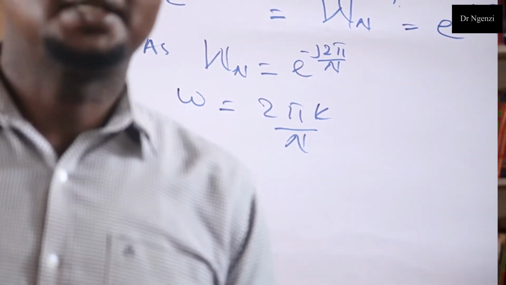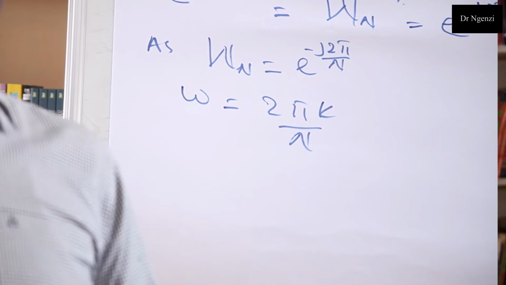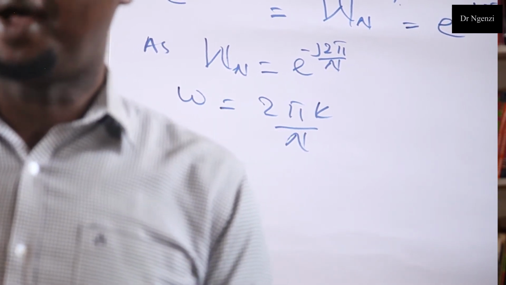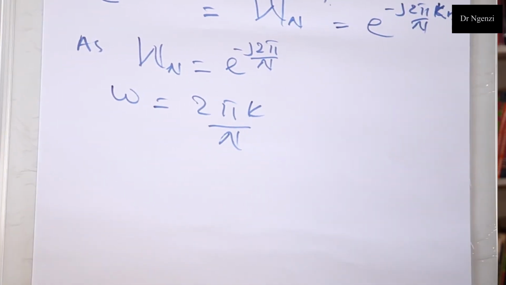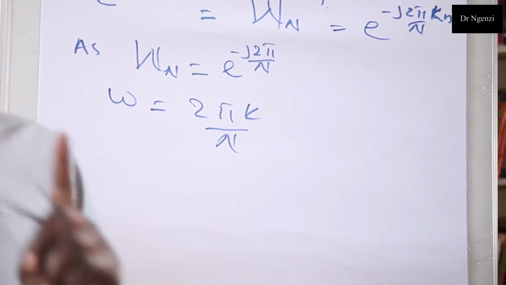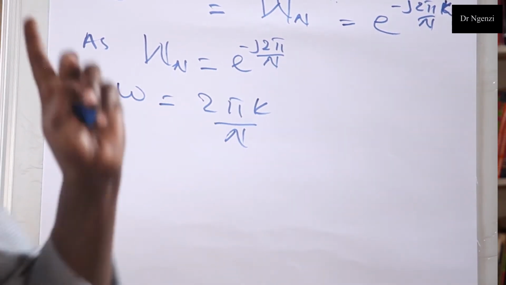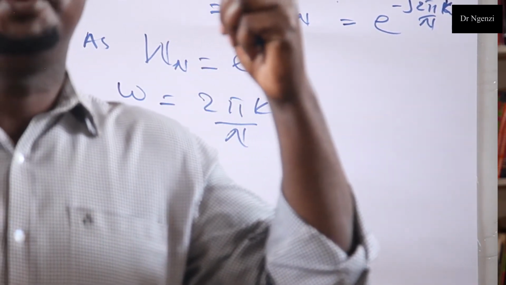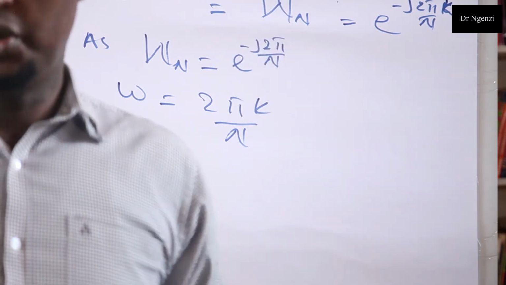In case you have X of k, that is the frequency domain, it is also X of e^(jω).